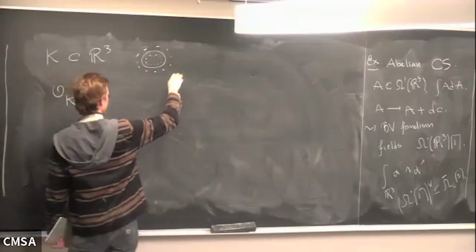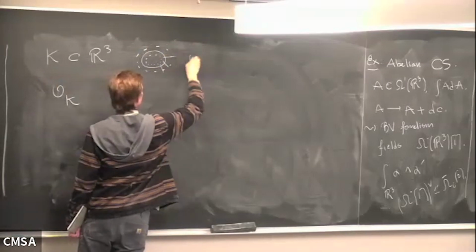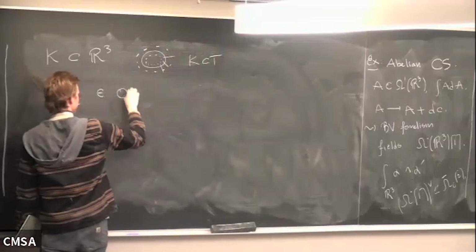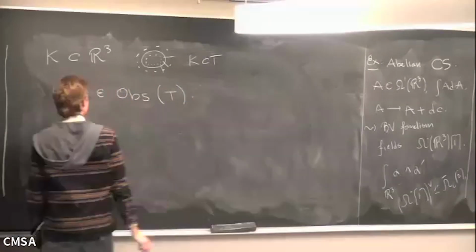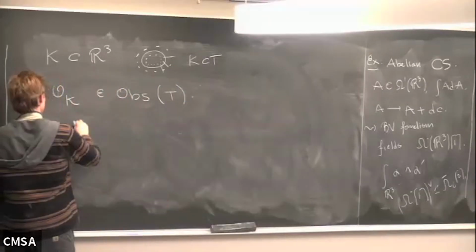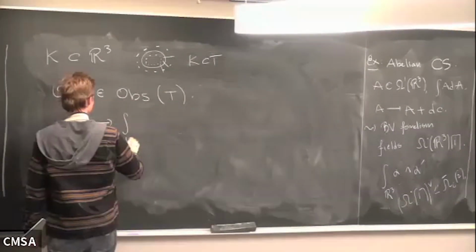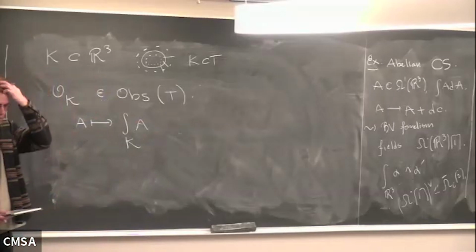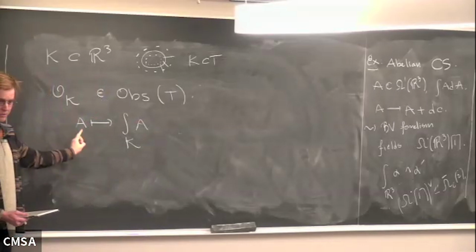Call that tubular neighborhood T. Then I obtain an observable on T, defined by sending a gauge field to its integral along the knot. So this is a linear observable.